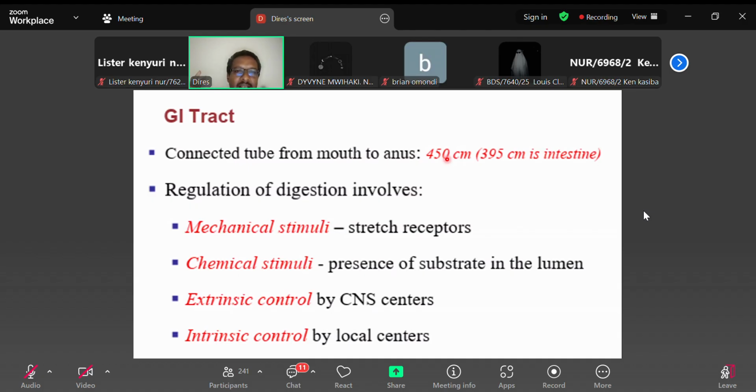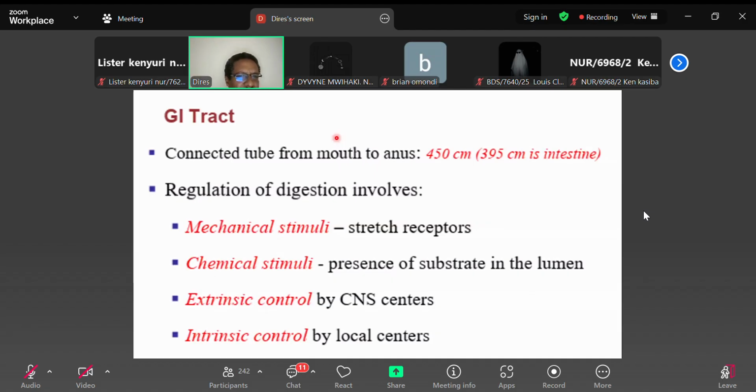After that, the control center sends a command to effectors. Command to the effectors via motor neurons or hormones. You see, motor neurons and hormones are messengers which transmit the command to the effectors.